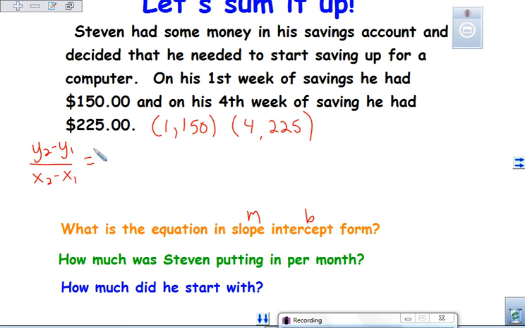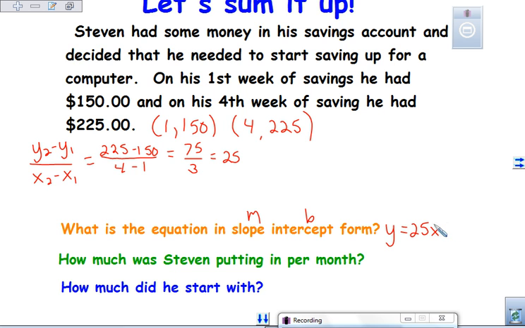So I'm going to do 225 minus 150. So if I started with the 225, then I need to start with the 4. 4 minus 1. So that gives me 75 divided by 3, which is equivalent to 25. So I know my equation is y equals 25x and then something.